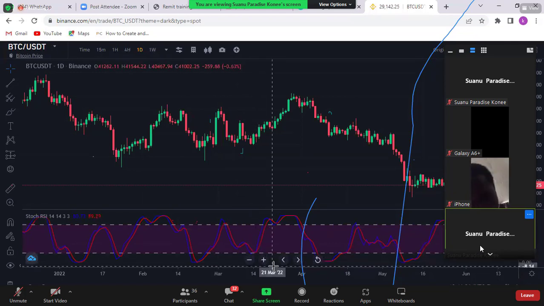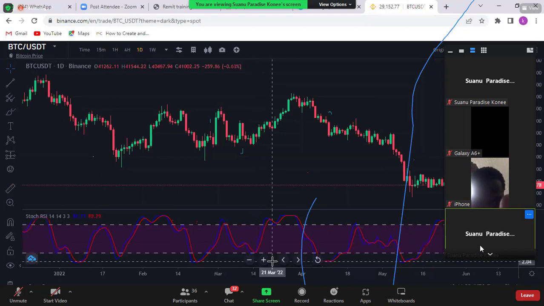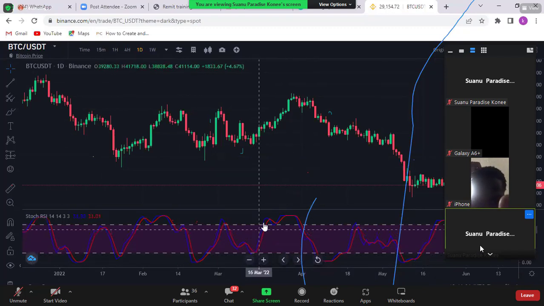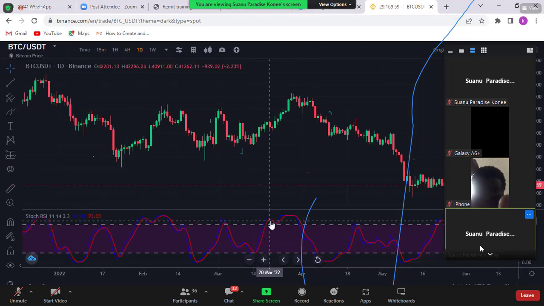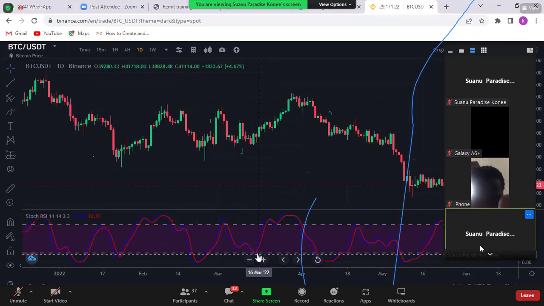What this means is if the market comes to this place, it means that we have overbought, and if the market comes to this place, we have oversold.